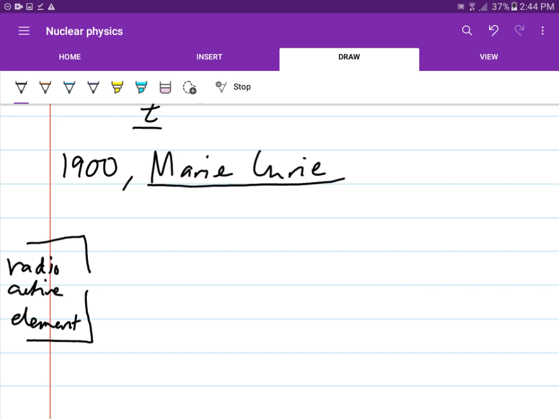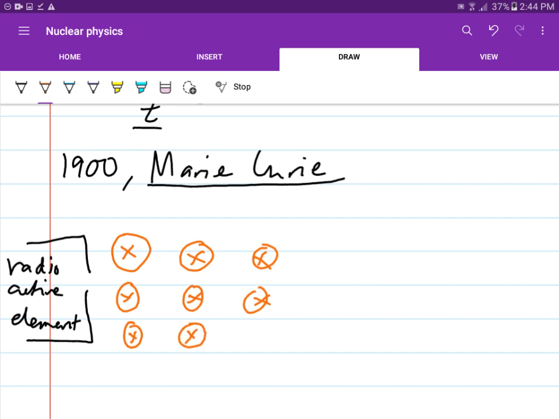For now we know that this would emit radiation, but in her time she didn't know what types of radiation it would emit. So she passed it through a magnetic field, where the magnetic field is going into the page. As the radioactive element decays, she observed 3 types of radiation.